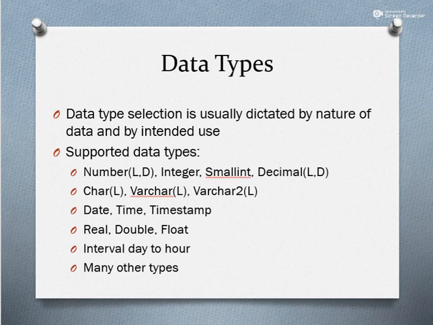If you define price as a character field, it is not acceptable. Similarly, vendor name obviously should be a character data type. It should not be a numeric data type. So the type of data is dictated by the nature of the data and its purpose, where you are using it and what you are going to store in it.